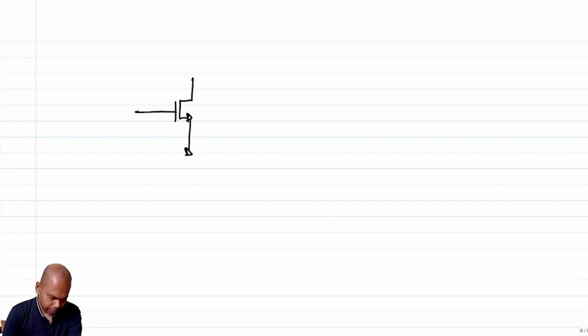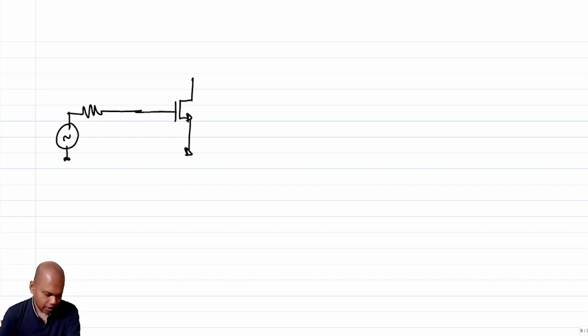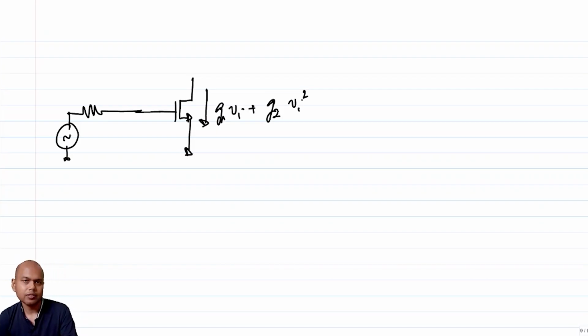Again, I am talking about the incremental model. Let's say I have a MOSFET and I connect it in the common source configuration. So clearly the current through it is distorted, right? So this will have gm vi plus some g2 vi squared incrementally, right?